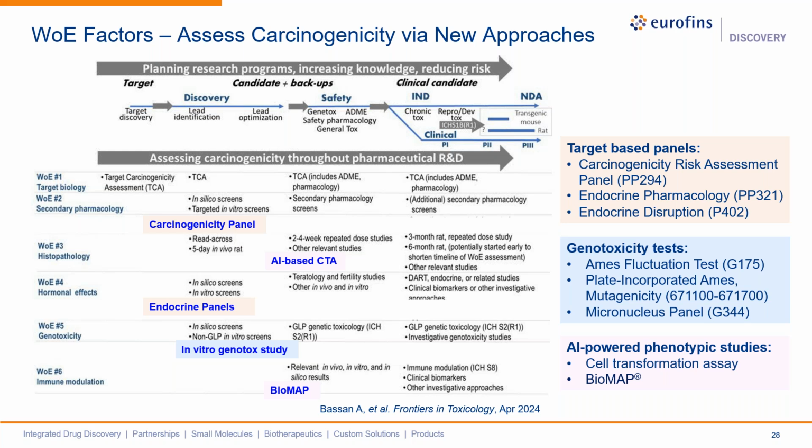The last thing I want to emphasize here is that the integration of these factors shows an advancement in carcinogenicity risk assessment by combining mechanistic understanding of receptor interaction with other key determinants, followed up by phenotypic studies like the AI-powered BioMap or cell transformation assay.